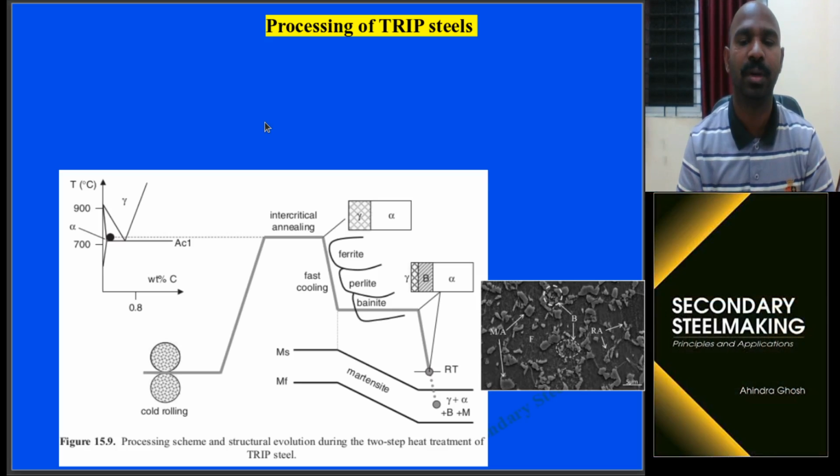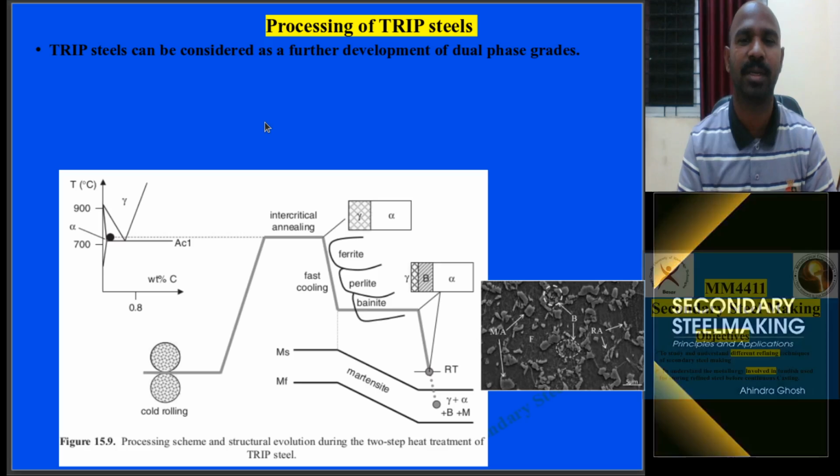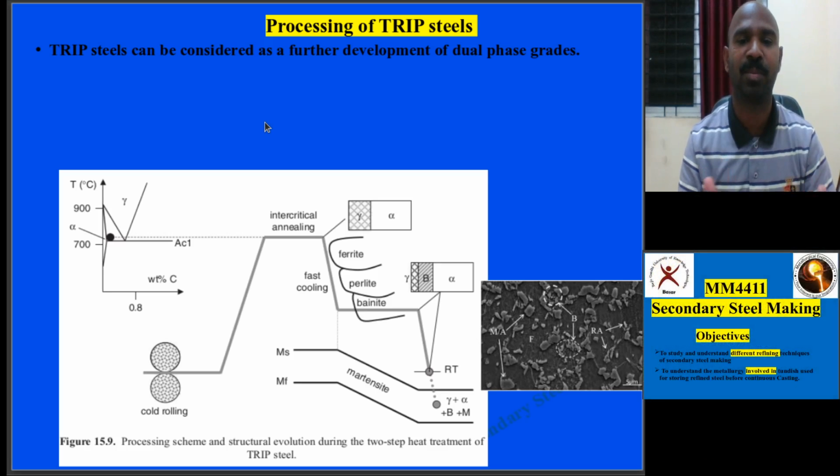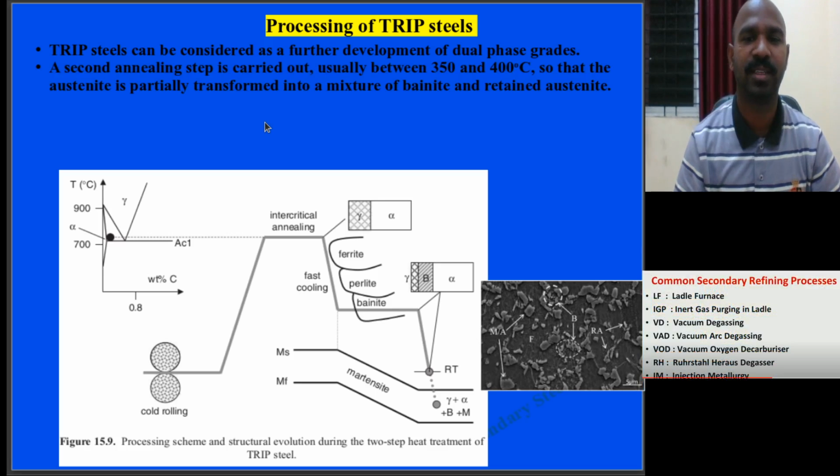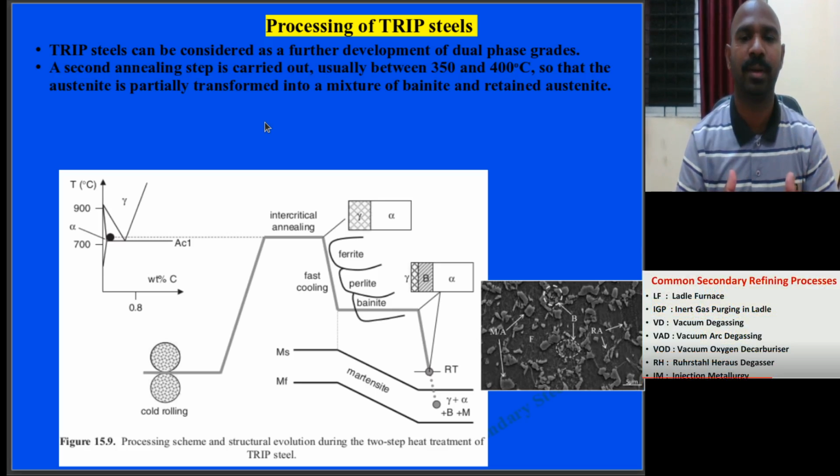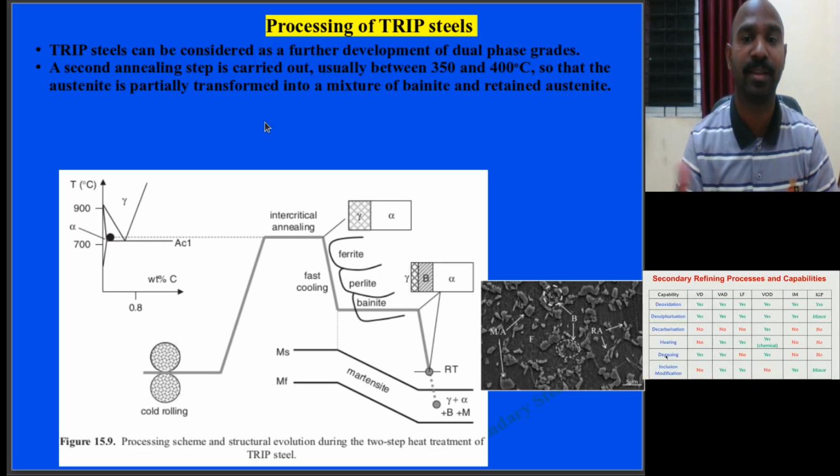How is it done? Basically, this particular steel is developed after the dual phase steel. That is why I intermediately introduced the dual phase steel. Please accommodate this in your understanding. After the same intercritical annealing temperature treatment, another second annealing step is included.